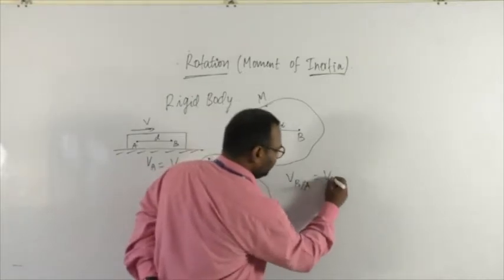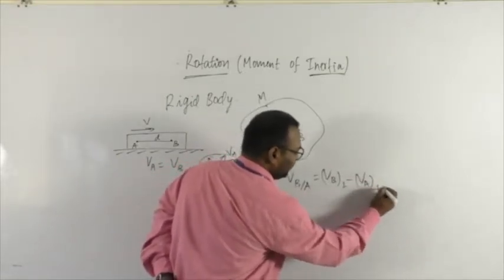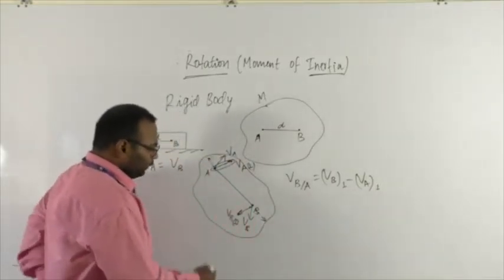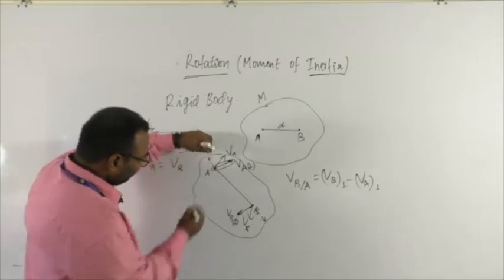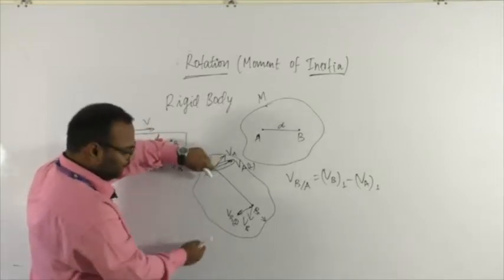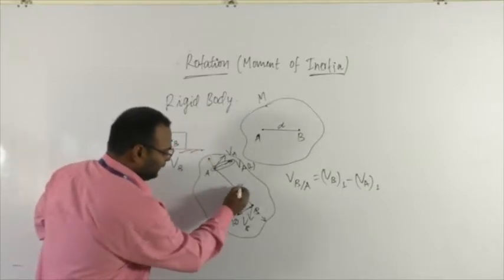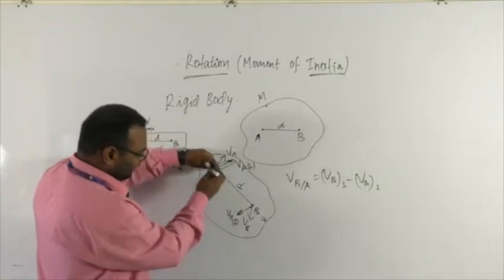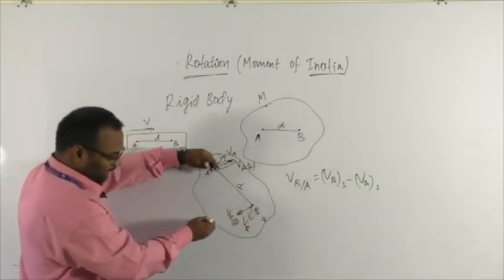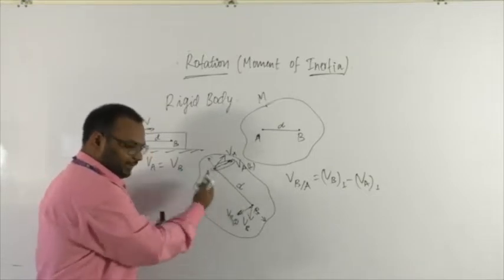Now when you see the respective velocity of B with respect to A, you will write velocity of B then velocity of A1. That means with respect to A, if you fix this point A here, then B seems to be moving around at distance d. This man is seeing B moving like this, but this d is always fixed between A and B because this body is a rigid body.